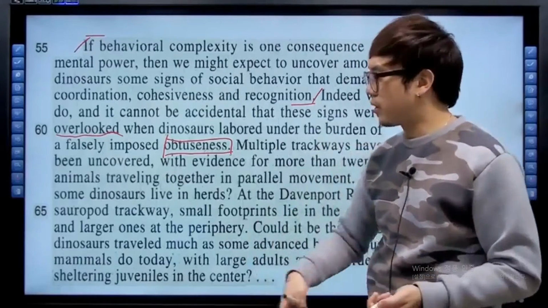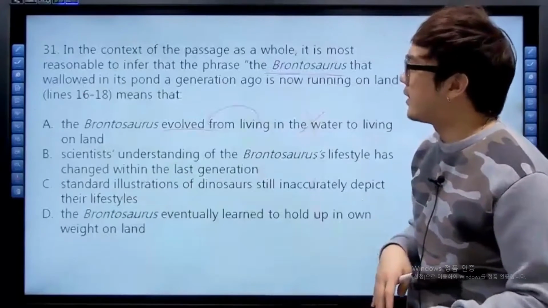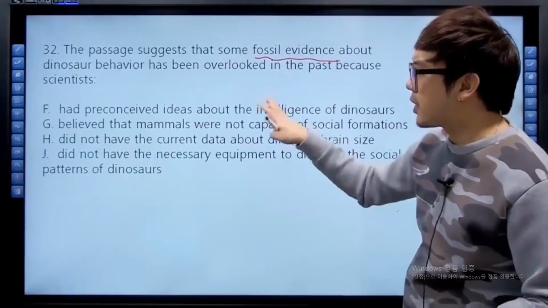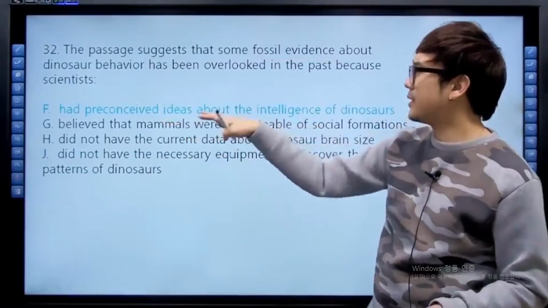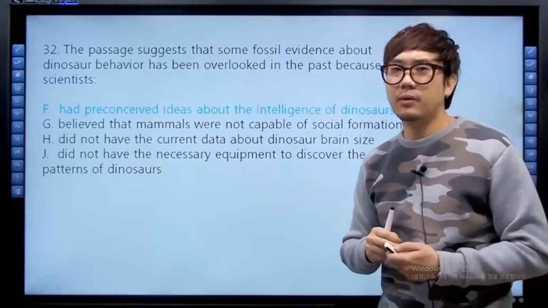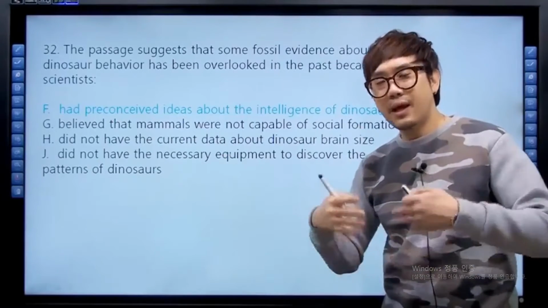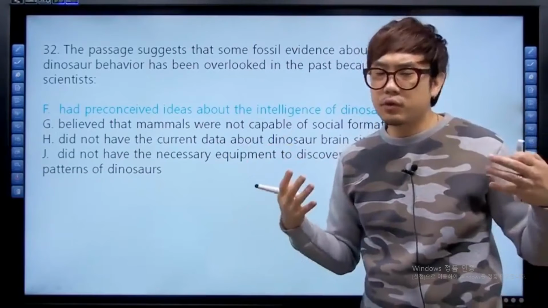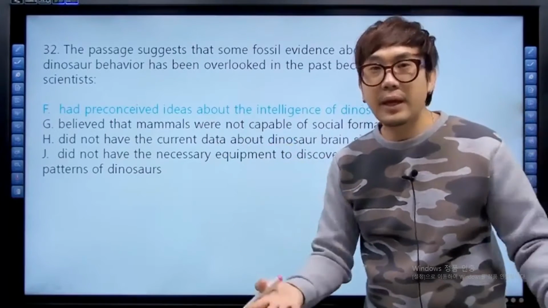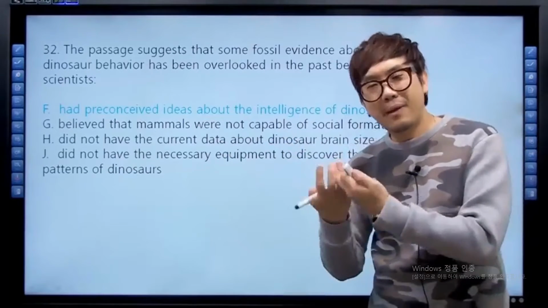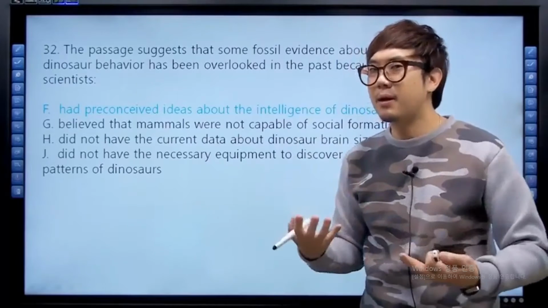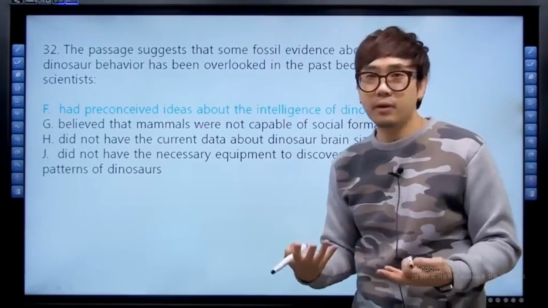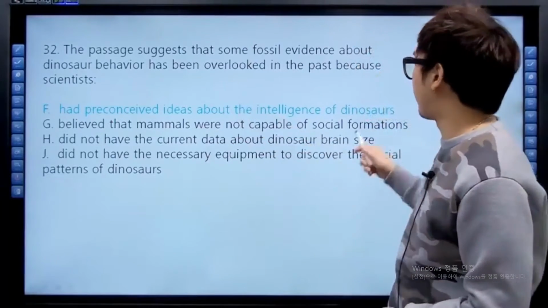And that's what we're talking about here. So the only reason it was overlooked is because they had preconceived ideas about the intelligence of the dinosaurs. They thought it was too big and too stupid, or incapable of making social relationships or having some kind of behavioral complexity, right? So therefore, F will be your answer.